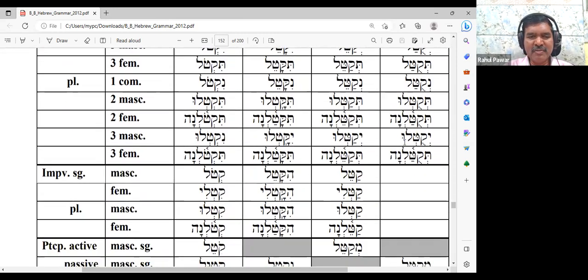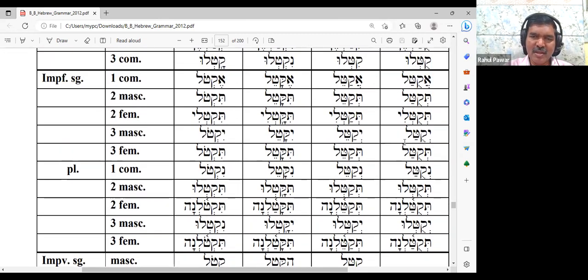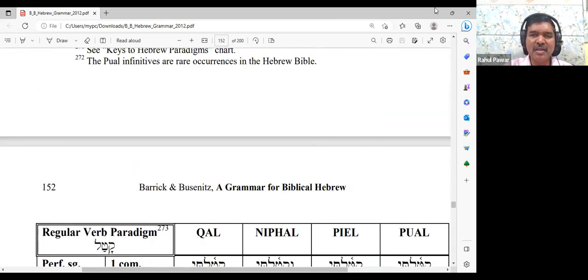For the imperfect, for that I need only these 3-4 lectures, and I will explain how to recognize the imperfect. And also there is one chapter on numbers, numericals. That also I will cover in these coming 3 to 4 lectures.